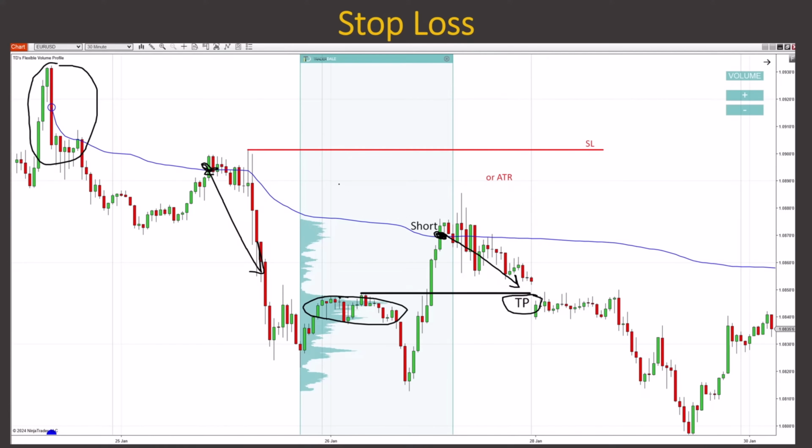And the stop loss, if it is above the closest swing point, is here. But it's very, very far. Like this distance, that's very far.